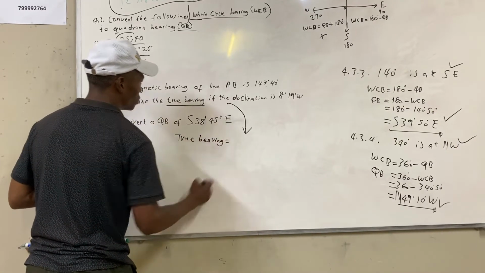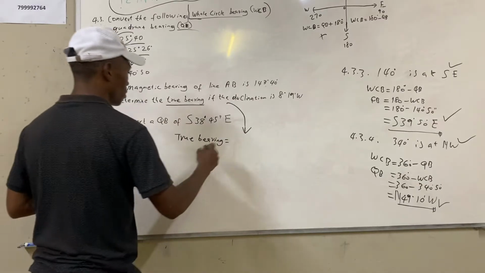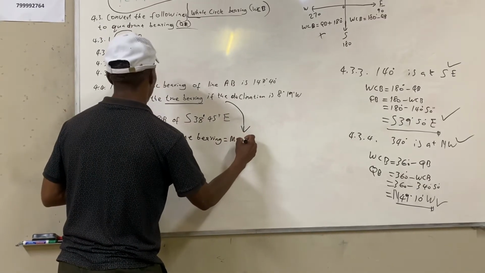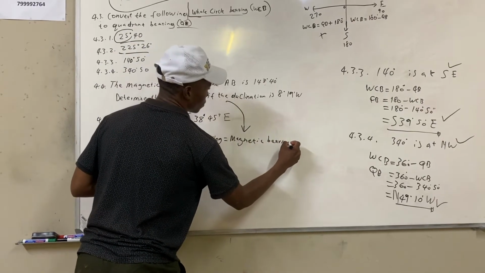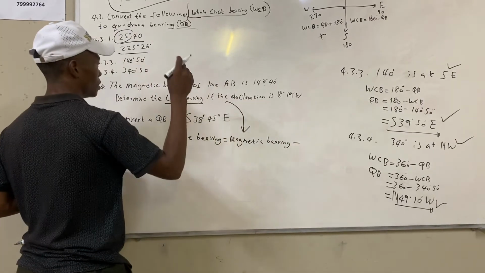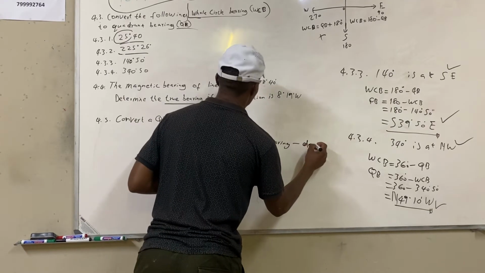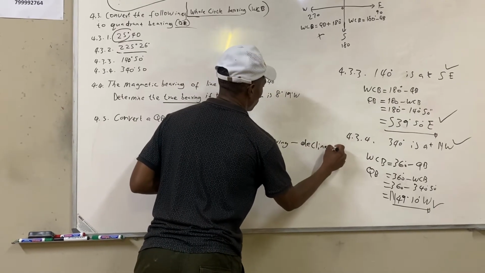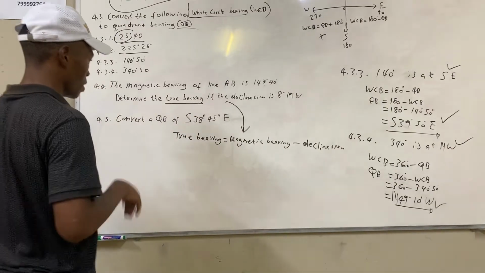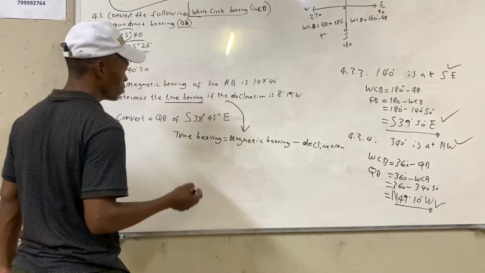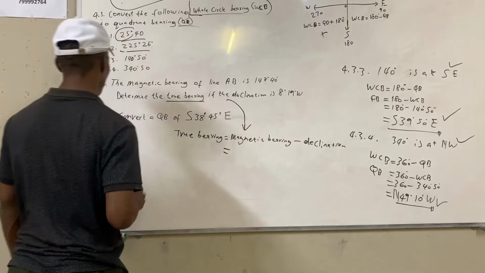True bearing is equal to what? Is equal to the magnetic bearing, subtract what? The declination. So which means it's very simple again.